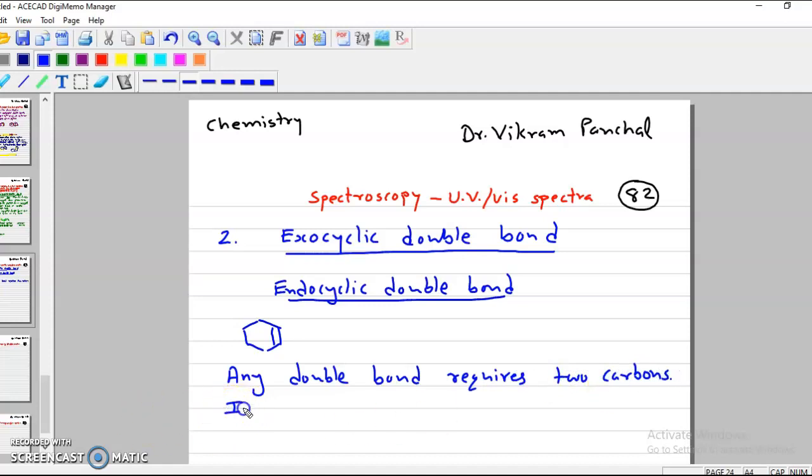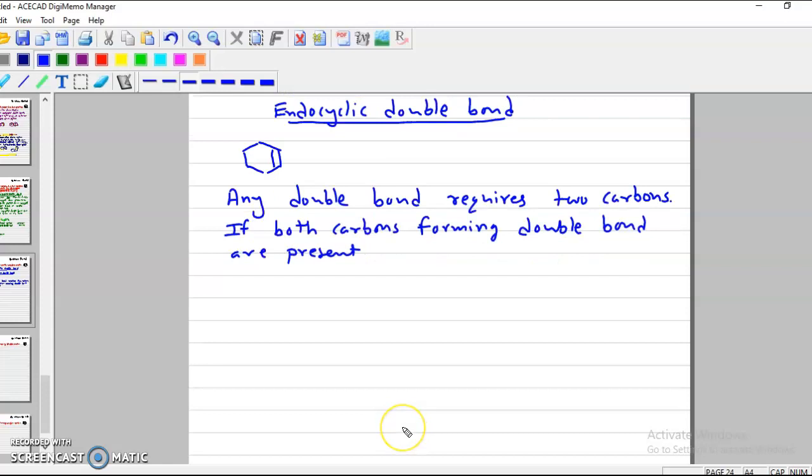If both carbons forming the double bond are present in one ring, then it is known as endocyclic double bond.